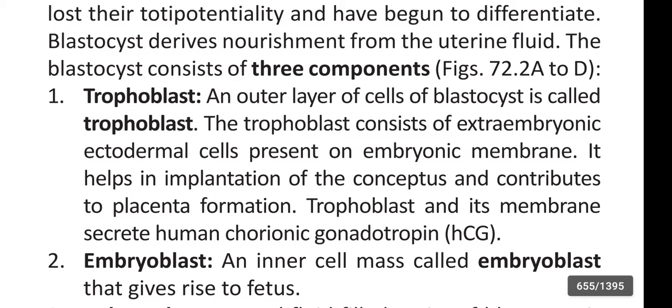The trophoblast and its membrane secrete human chorionic gonadotrophin, and this membrane is nothing but the placenta.